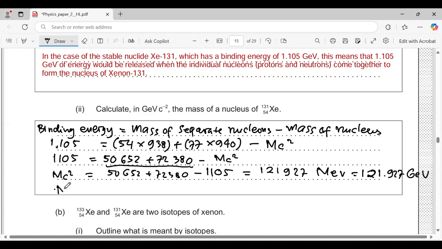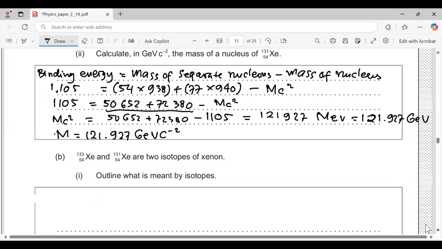So it means the mass equals this number divided by c squared, so it's going to be 120.822 GeV c to the power minus 2, or per c squared.